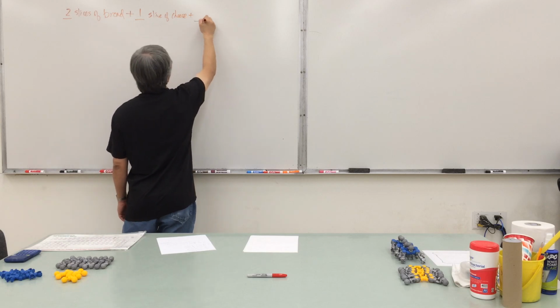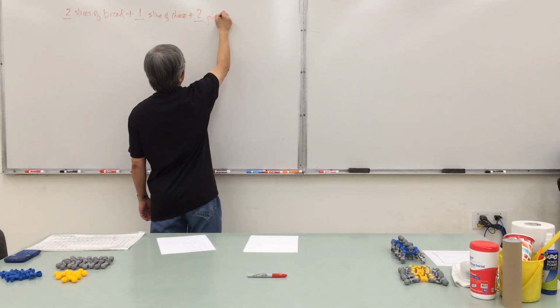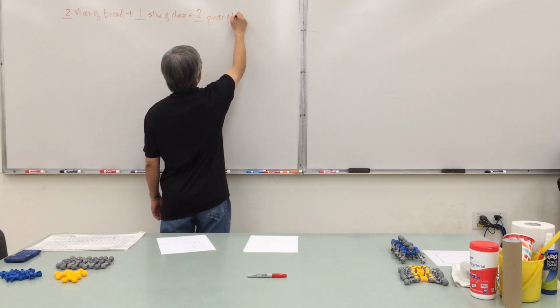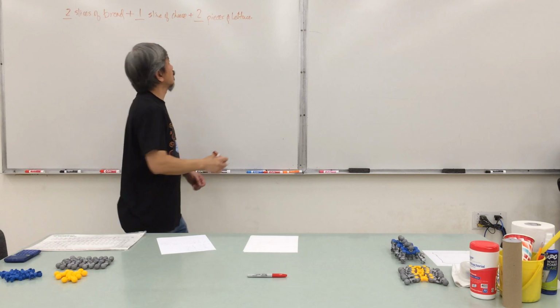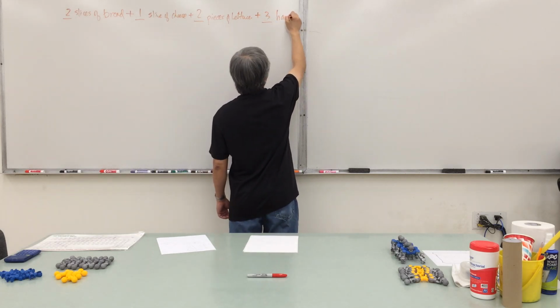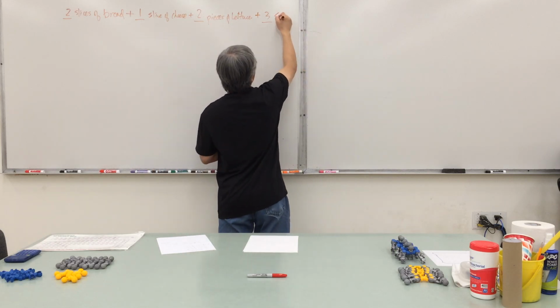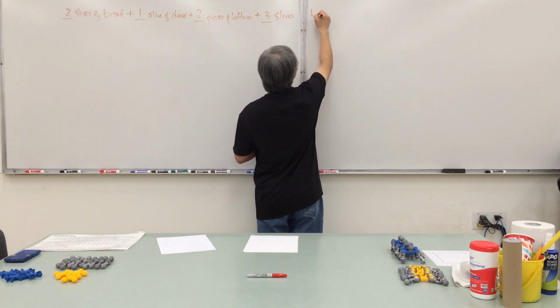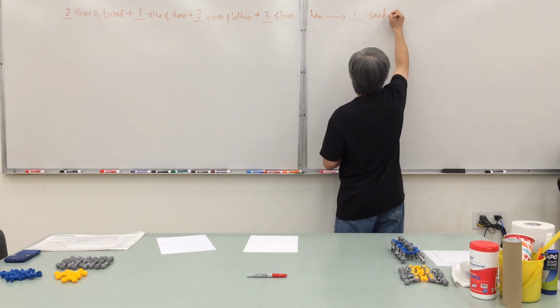And I'm going to put in, of course, I need my vegetables as well, so 2 pieces of lettuce. And of course, I need my ham. So I'm going to have 3 slices of ham in my sandwich. And finally, when I put it all together, that will then give me 1 sandwich.